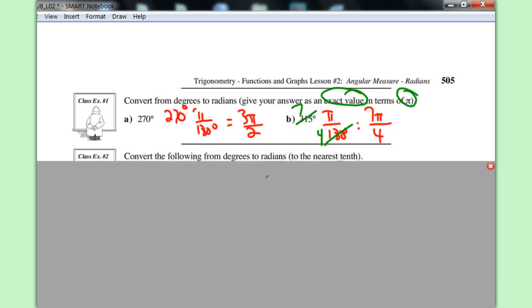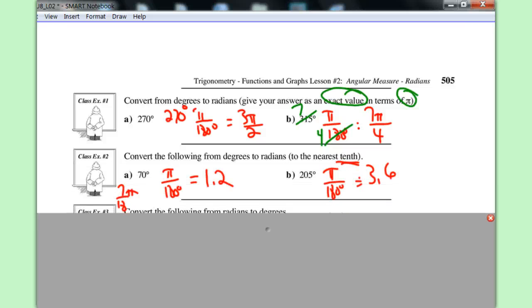Now, sometimes they want these degrees in radians, but to the nearest tenth. So you're still going to have that same conversion factor, but now you're not going to leave it with pi. You're going to round it, and I should put approximately, because it's not equal to. That is approximately equal to 1.2. So 70 degrees, if you convert it, would be 7 over 18 pi as an exact value, but that would be approximately 1.2 if you put it to one decimal.